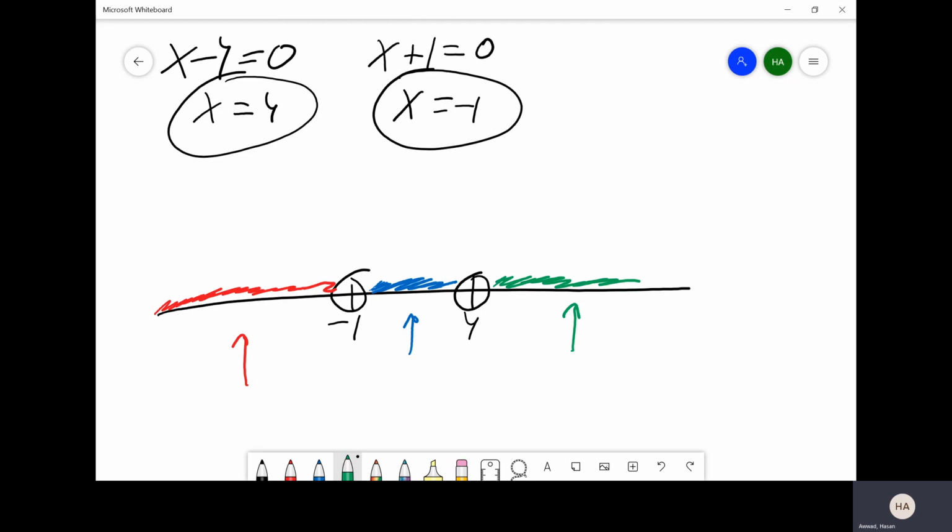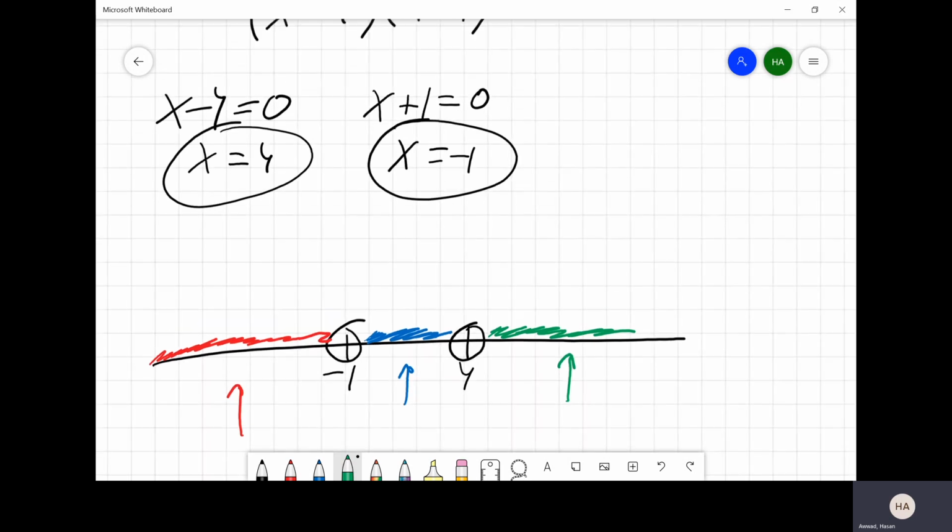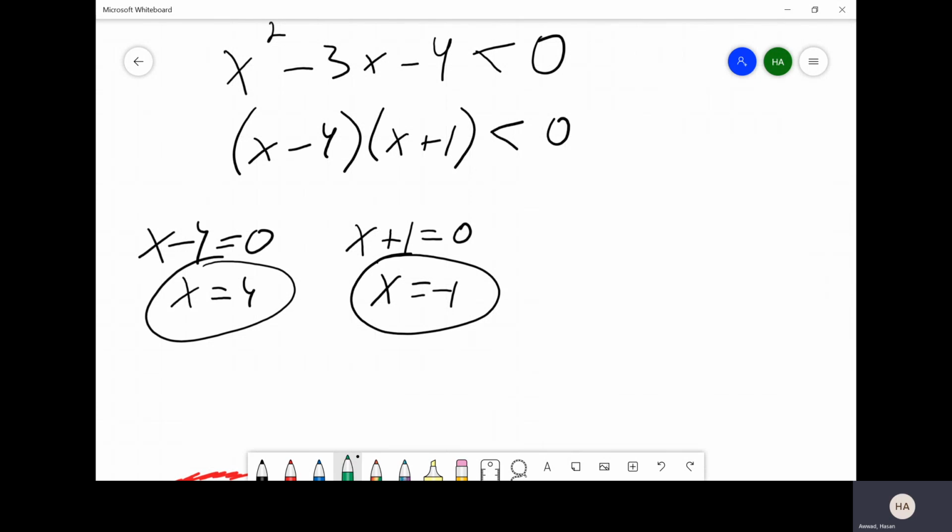The reason that we can just pick one of those numbers is because all of the numbers in, let's talk about the green area, which is the area on the far right, all of the numbers after 4, should behave the same. Essentially, at -1 and at 4, we're going to get a 0 on the left side, right? And the reason that we're not including these numbers is because 0 is not less than 0, right?